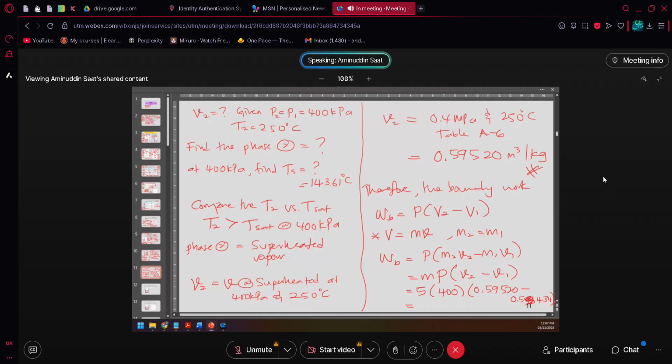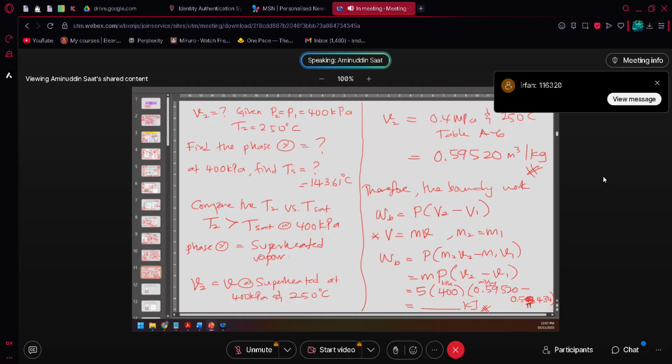So you subtract the values and then multiply by 5 and 400. This is kilopascal, and this is meter cube per kilogram. Kilogram cancels kilogram, so finally you will get kilojoule. How much? Can someone calculate this? 0.59520 minus 0.53434, kilopascal.